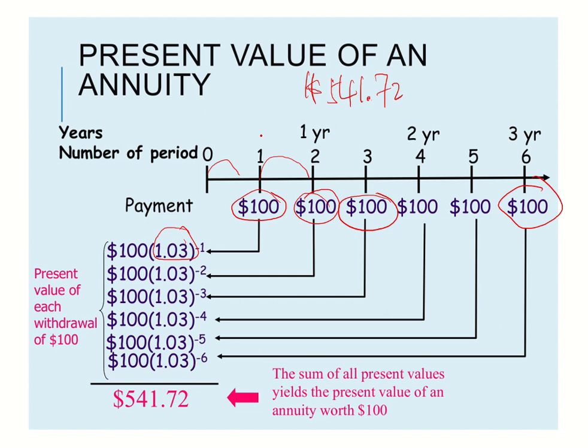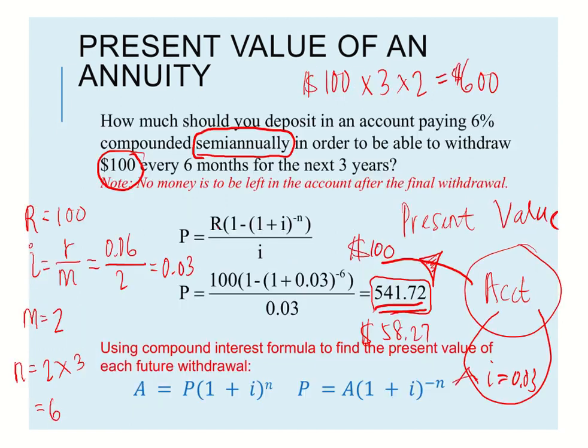Therefore, the total amount you need to put in is only $541.72. This is how we calculate the present value using this formula.